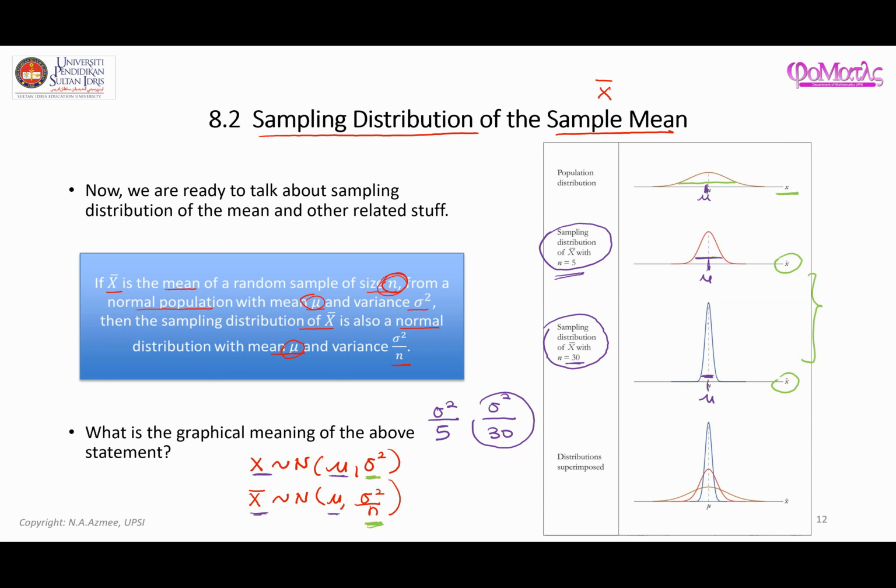Now what is the implication of this result given here? Okay, so here is the result. Let's say our original distribution is a normal distribution with mean mu and sigma squared.